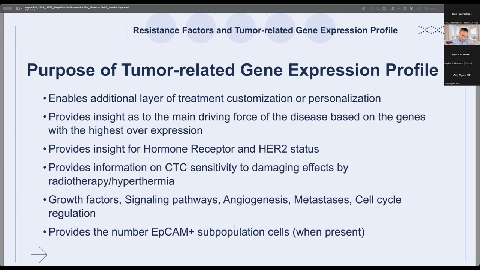Now, also, the CTC sensitivity to damaging effects of radiotherapy and hyperthermia is shown on the heat shock proteins. So whenever they're downregulated minus 15% or more, especially, these cancer cells are very sensitive to heat damage, and they're not able to repair it.